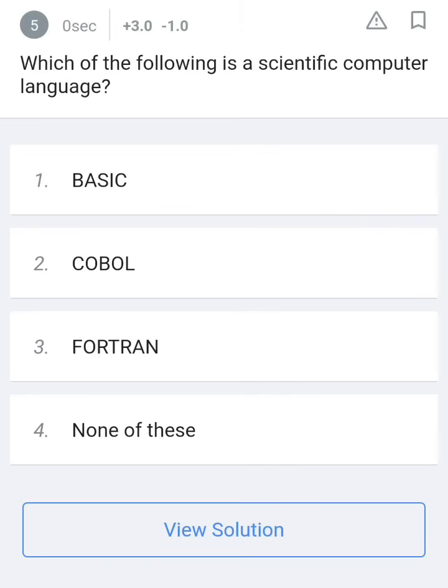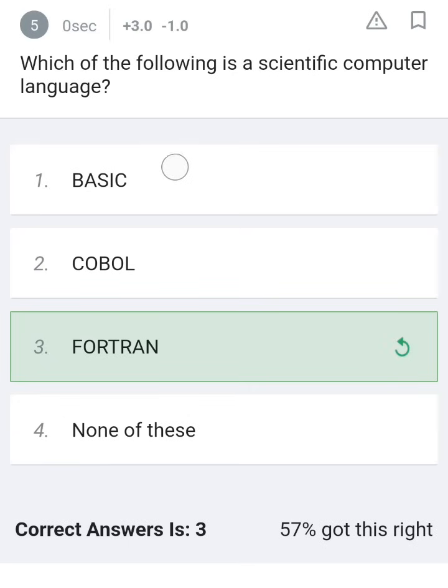Next, which of the following is the scientific computer language? It is Fortran. BASIC is beginner's all purpose symbolic instruction code, made by Thomas E Kurtz and John G Kemeny, and COBOL is common business oriented language.